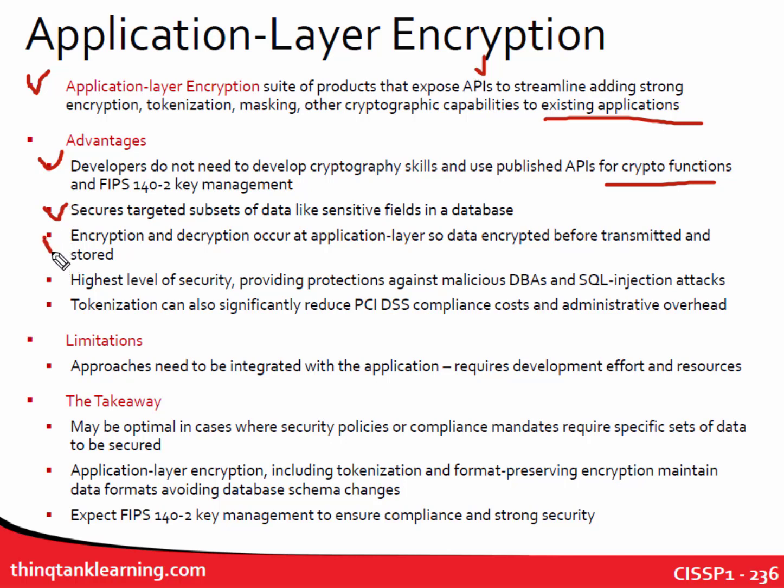The encryption and decryption occurs at the application layer, so the data is encrypted before it's transmitted and stored. The highest level of security, which provides protection against malicious DBAs or SQL injection attacks. We'll talk about those types of attacks in more detail later on.